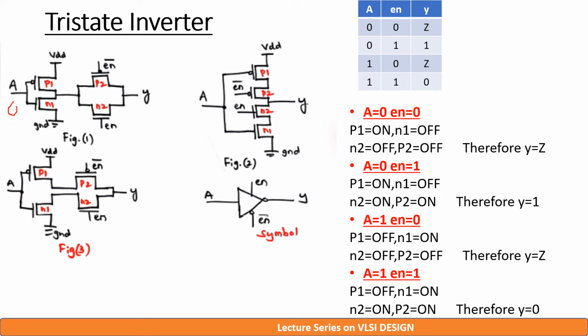If A is 0, this PMOS transistor turns on and the NMOS transistor will be off. If enable is 0, enable bar will be 1. So 1 going to the gate of the PMOS transistor will turn it off, and enable, which is connected to the NMOS transistor, is 0, hence this NMOS transistor will be in the off state.